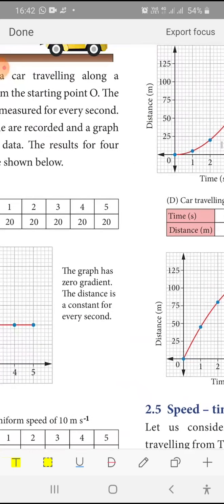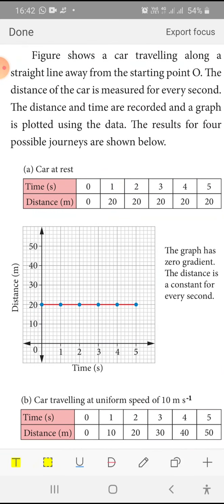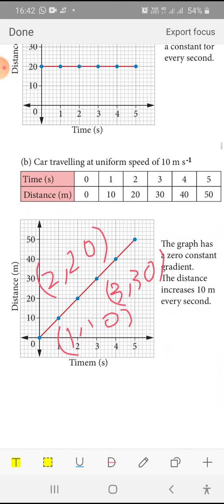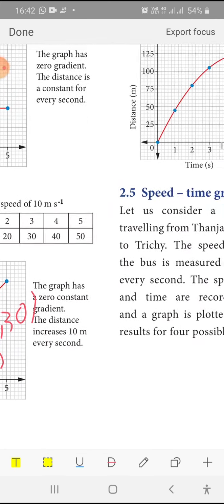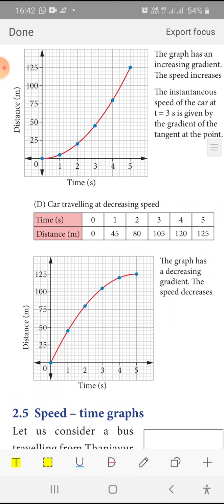So from the graph you can say that if the graph has a horizontal line, it shows that the car is at rest. If a graph has a straight line with a constant slope, it has uniform speed. If it has a U curve, it has an increasing speed.